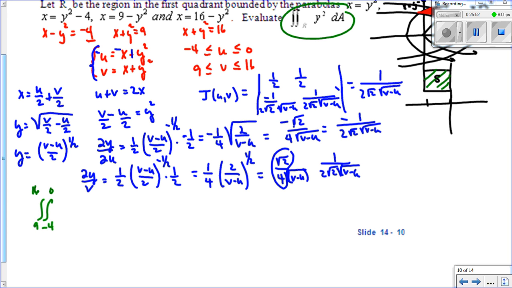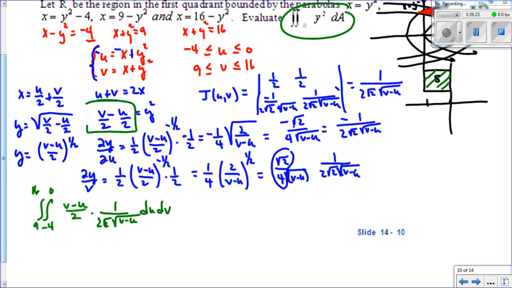Y squared is just v minus u over 2. And then we're integrating there with respect to u and with respect to v. The Jacobian is 1 over 2 times the square root of 2 times the square root of v minus u.